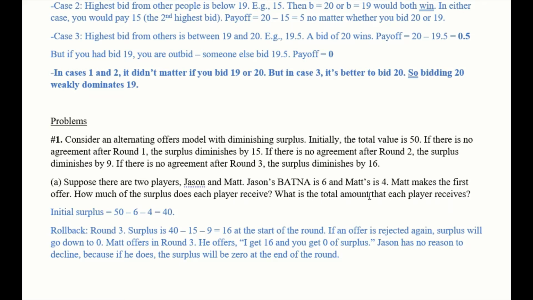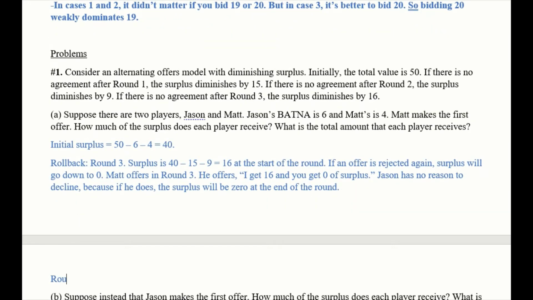So now rollback means we go back to the previous round and we figure out what happens there. The surplus going into that round is 40 minus 15, because the original surplus was 40 and round 1 didn't work out, so it went down by 15.